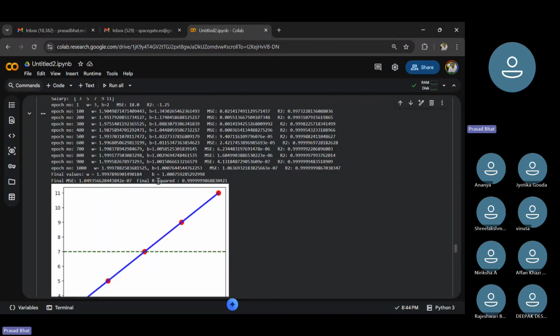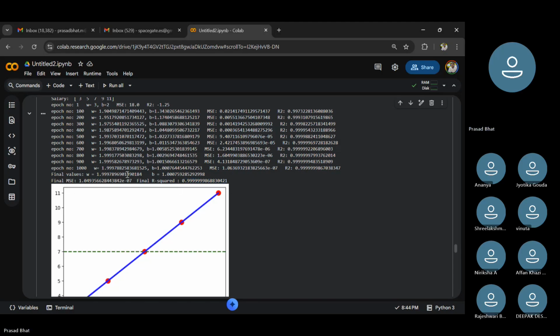Final MSE. Look at this. W is something like this, and B. MSE value, don't get confused. It is not 1.0. It is 1.0 times e to the power minus 7, right? It is almost equal to 0, right? And then final R squared is 0.99999, almost equal to 1.